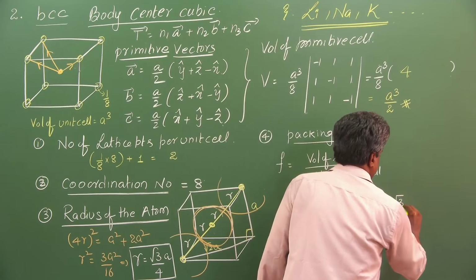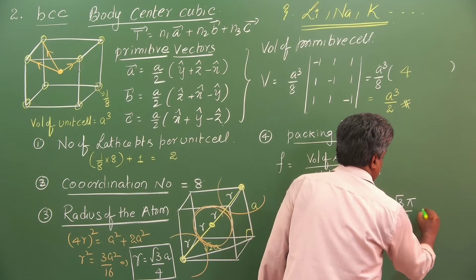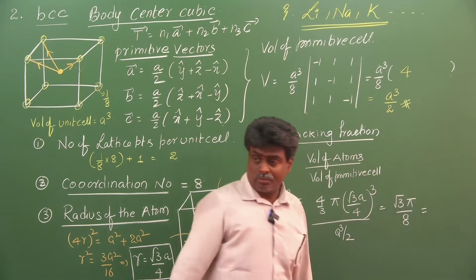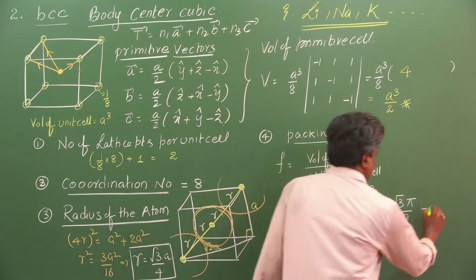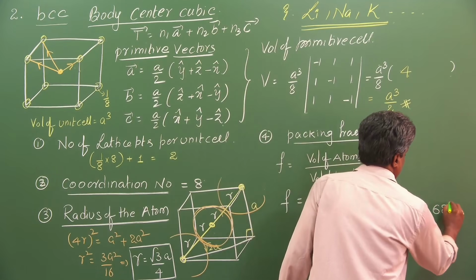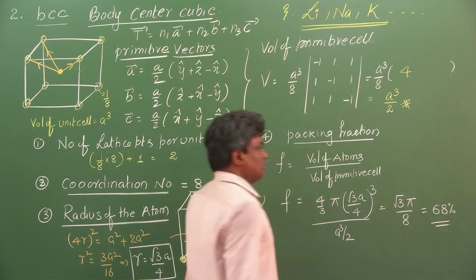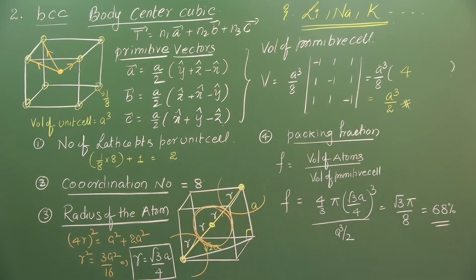So please check root 3 pi by 8. How much percentage? 68. Simple cubic 52, BCC 68%. But remember that root 3 pi by 8 also.